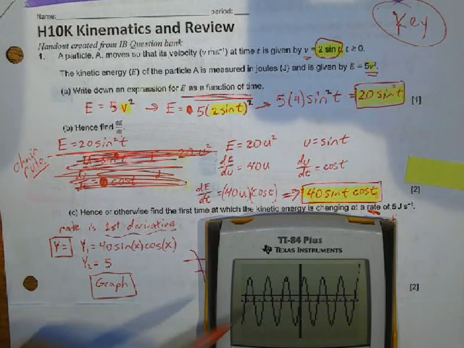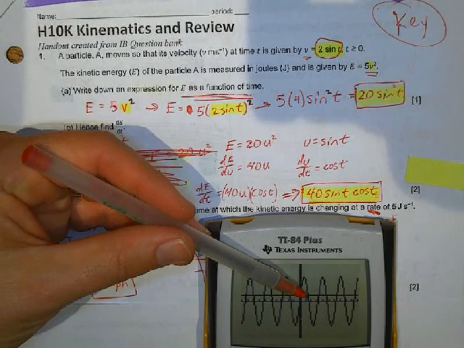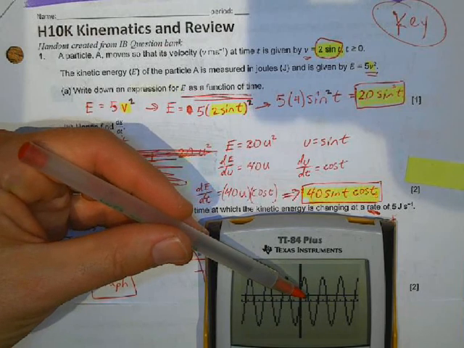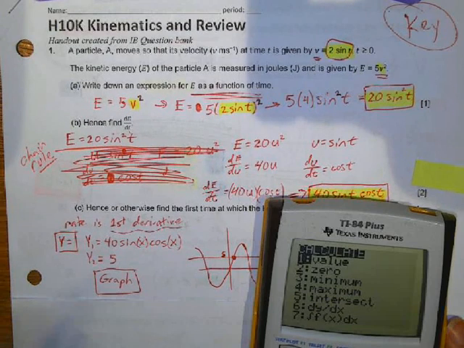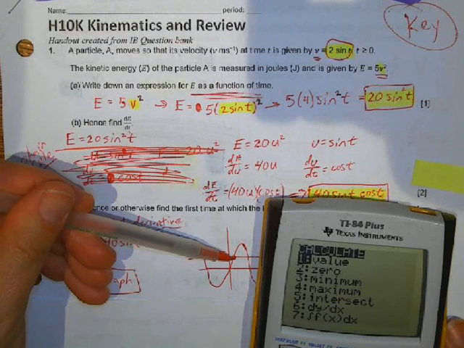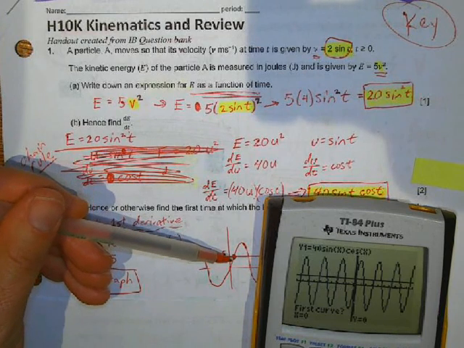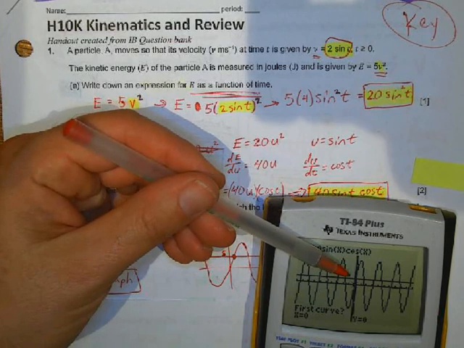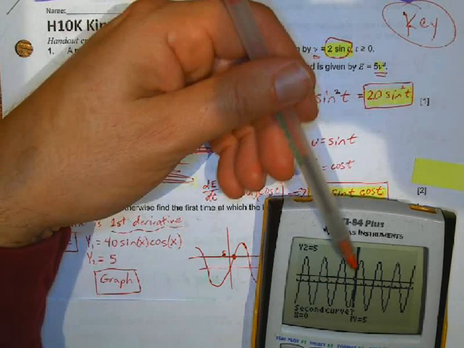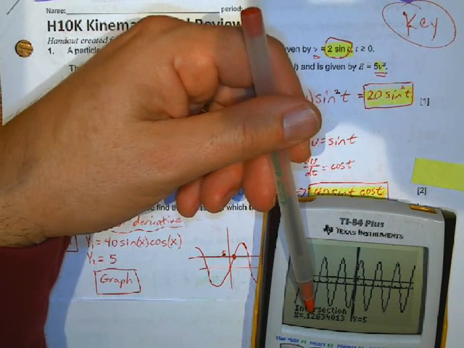We want to find where it intersects here. Second, trace. I guess right there is the first place. So intersect: I get close to it, enter second curve, it says equation 5, enter, and this intersection here is 0.1263.